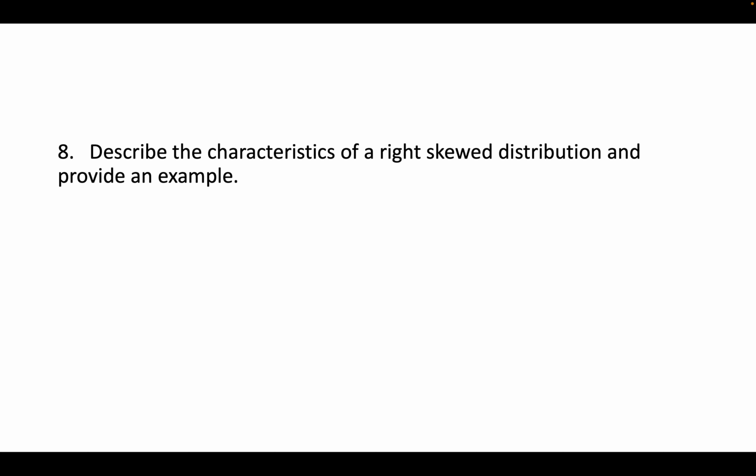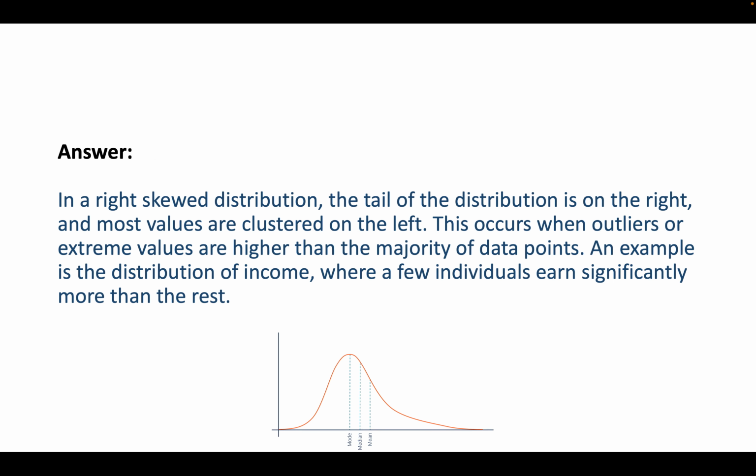Question number 8. Describe the characteristics of a right-skewed distribution and provide an example. In a right-skewed distribution, the tail of the distribution is on the right, and most values are clustered on the left. This occurs when outliers or extreme values are higher than the majority of data points.